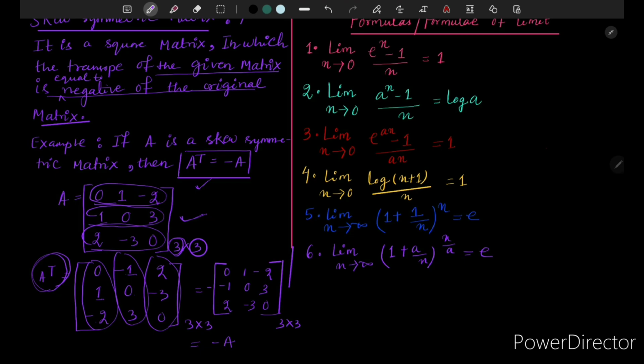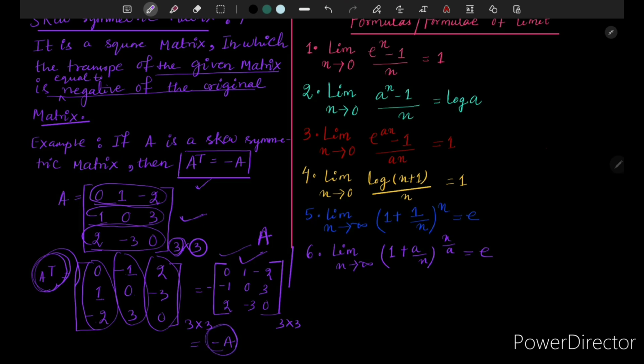This is also a 3 by 3 matrix. If we write it like this, it is minus of 0 1 minus 2, minus 1 0 3, 2 minus 3 0, which is matrix A. So we got A transpose equals minus A.